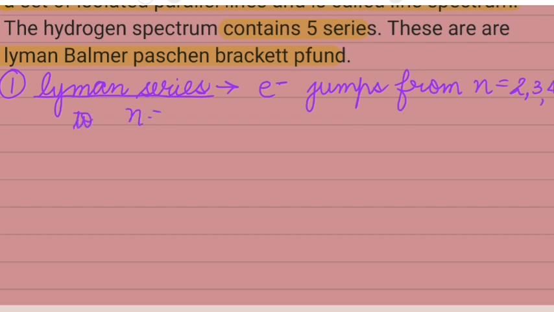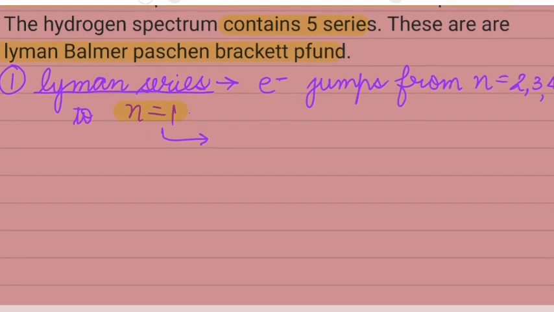Now what is the characteristic over here? The characteristic is that n equal to 1 is only for Lyman series; for any other series we cannot have this. The final orbit in which the electron will jump is the first orbit in the Lyman series. And in which region of light does this lie? Lyman series lies in the ultraviolet region.